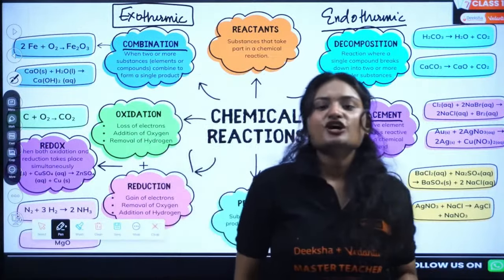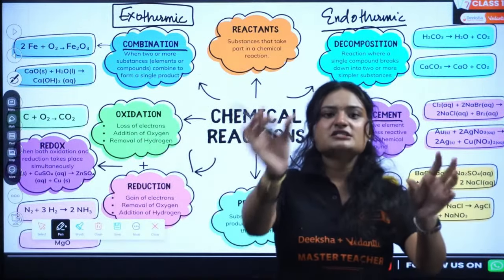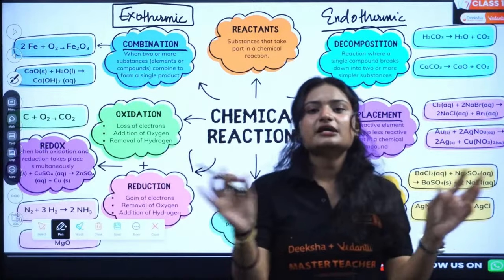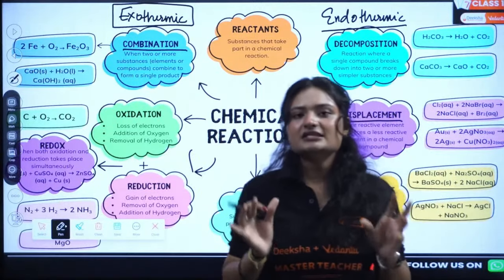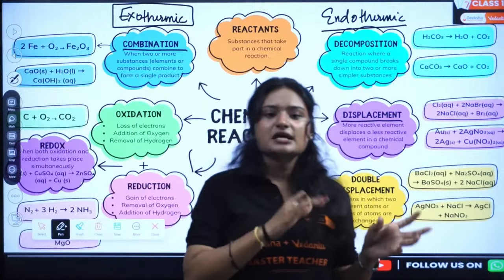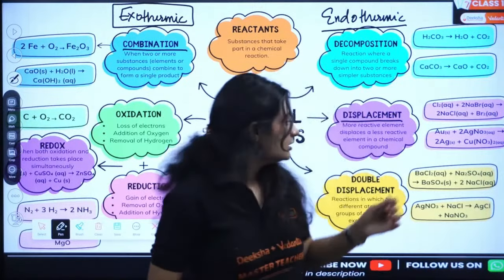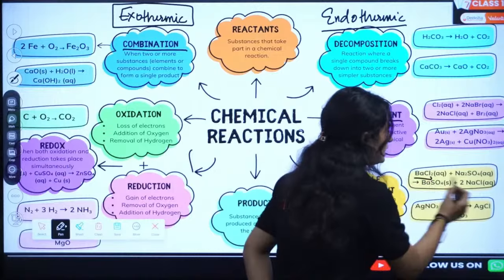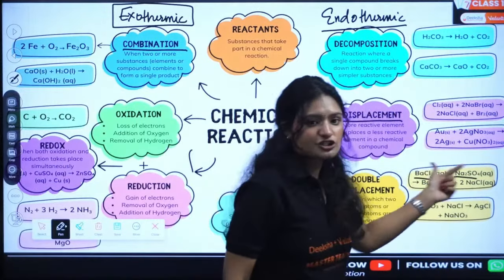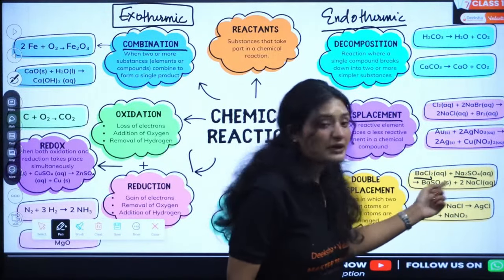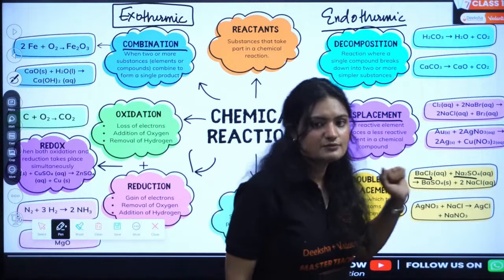Double displacement is a reaction in which there is an exchange between the cations and anions of the reactants. See, barium chloride and sodium sulfate: there is an exchange, and we get sodium chloride and barium sulfate.